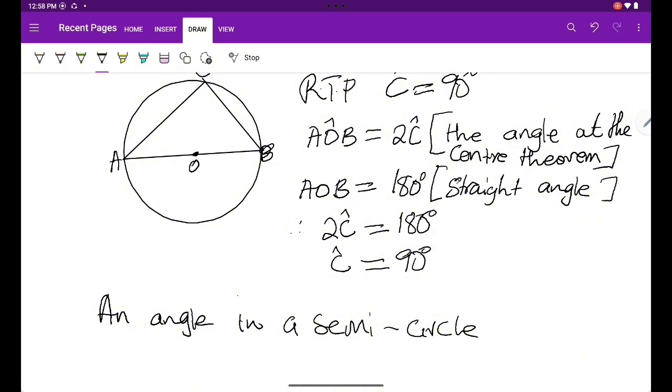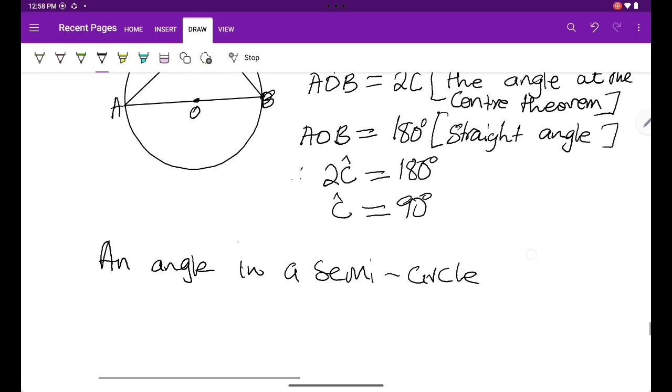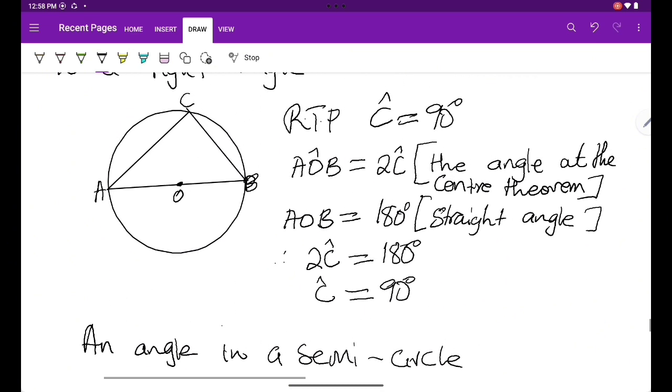Now I want us to look at other theorems which also apply the angle at the center theorem. But for now, let's just look at this and practice this one, and understand that whenever we see a diameter subtending an angle, the angle is 90 degrees.